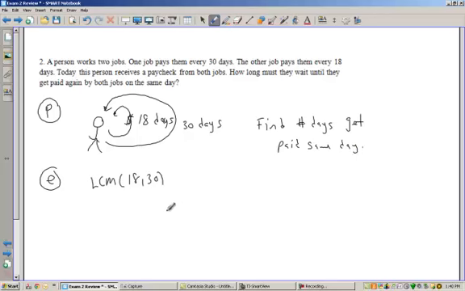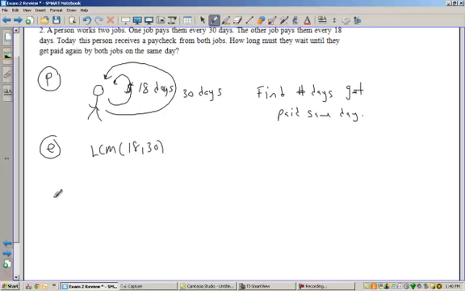So to find the LCM, my plan is to make a factorization tree of 18, so that's 2, 9, 3, and 3. And then also for 30, this is 2, 15, 3, and 5.